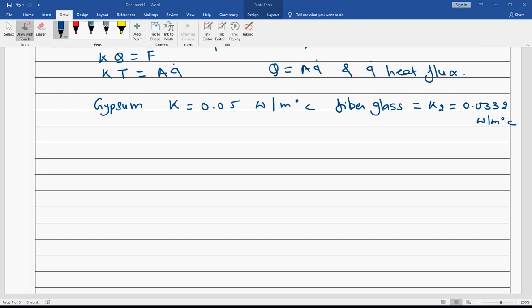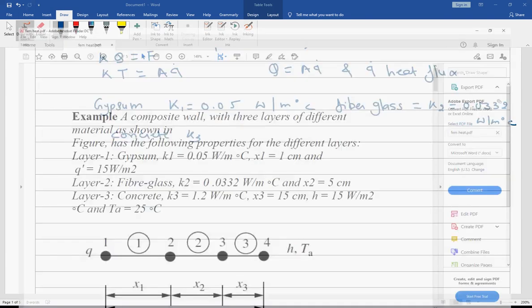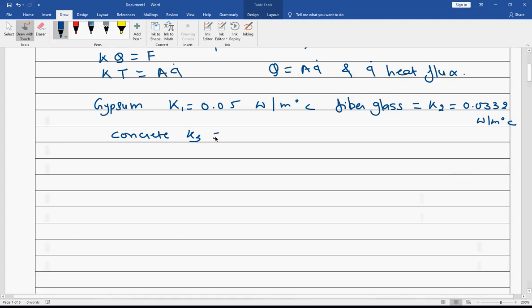And then I have a concrete, that is K3. So it is K1, and K3 is 1.2 watts per meter per degree Celsius.